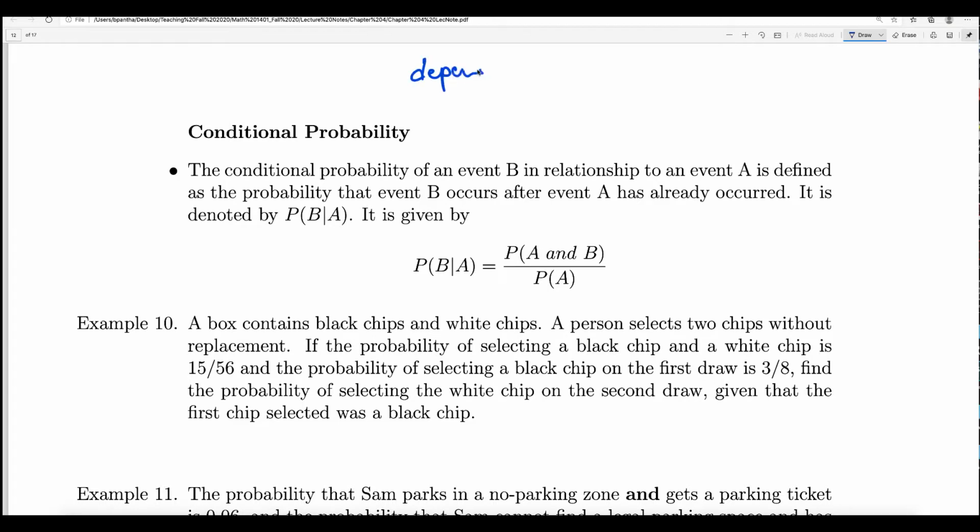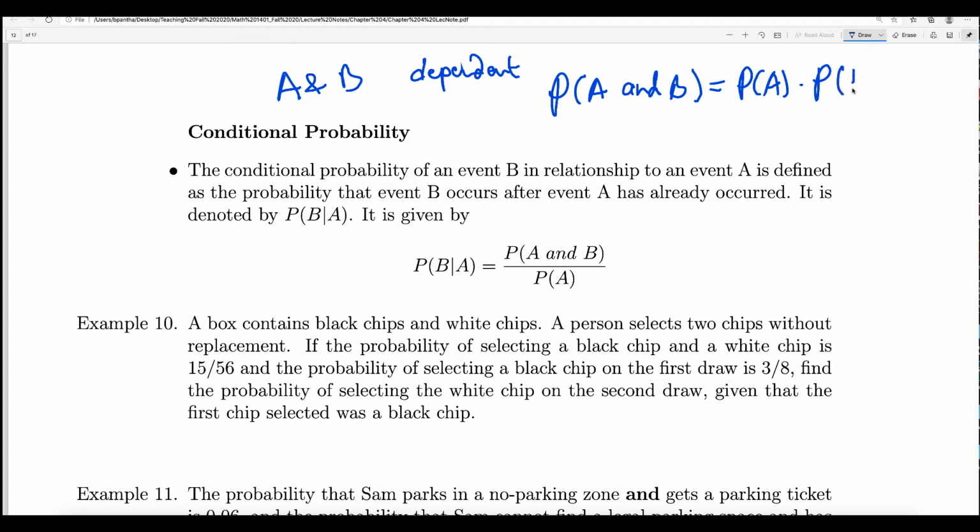If A and B are dependent, then the probability of A and B equals P(A) times P(B given A). That is, the probability of A in the first, times the probability of B in the second, given that A already happened in the first. This is called the conditional probability, meaning the probability of B given that A already happened or already occurred.